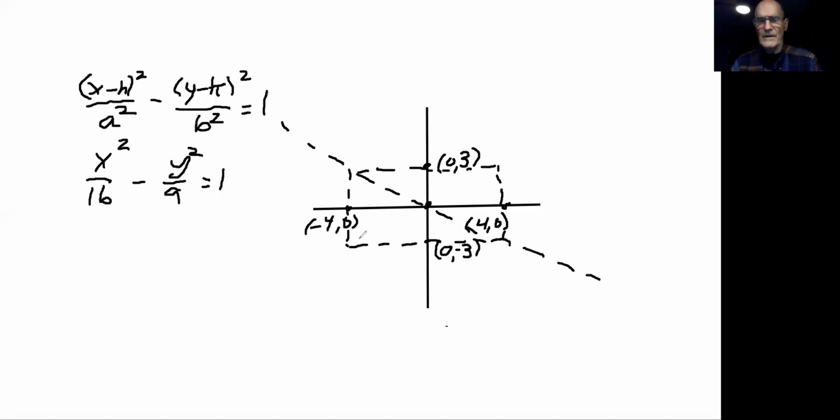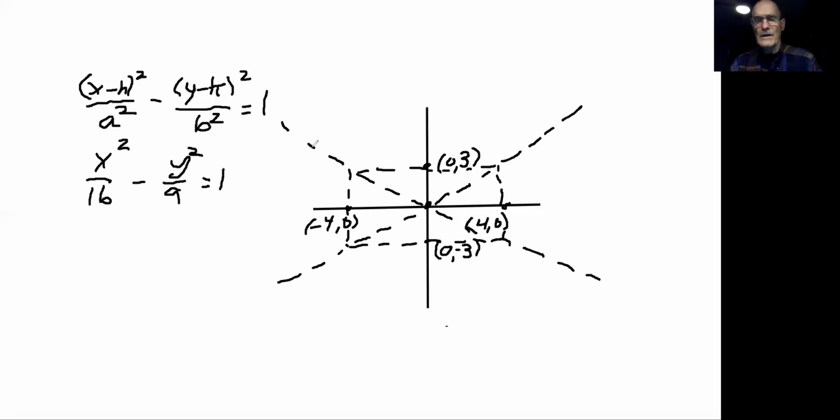The other one comes up from the third quadrant, through the bottom left corner, through the center, and through the upper right corner, and keeps going on out like that.